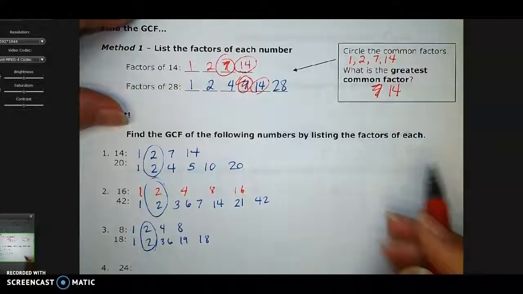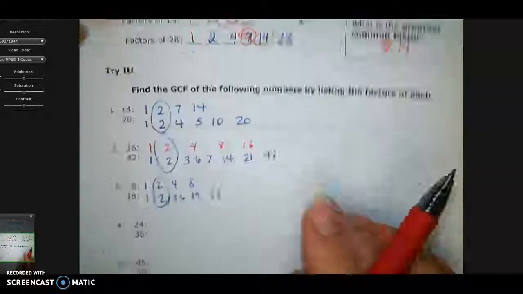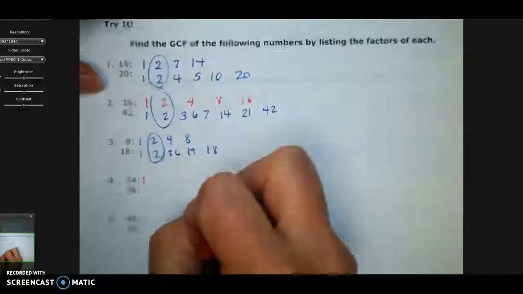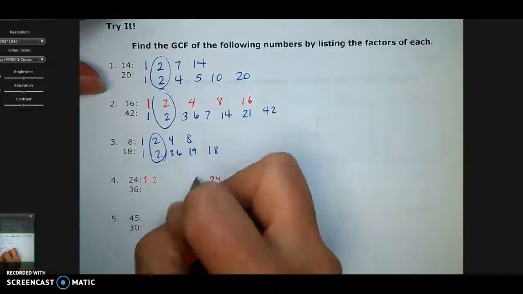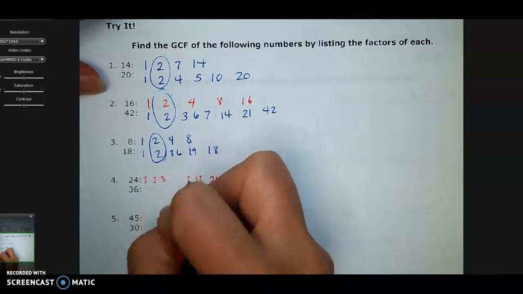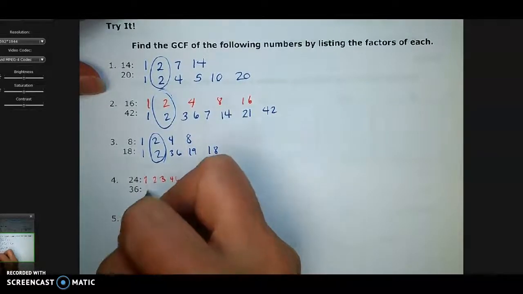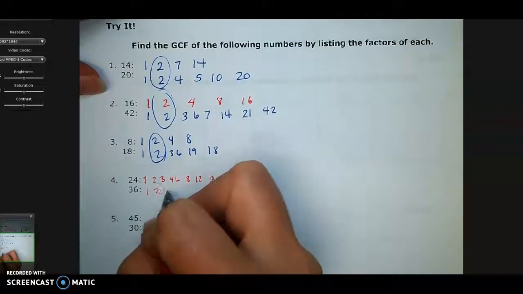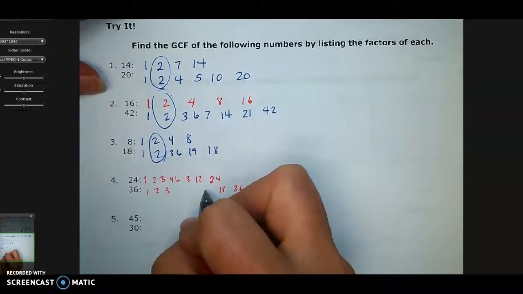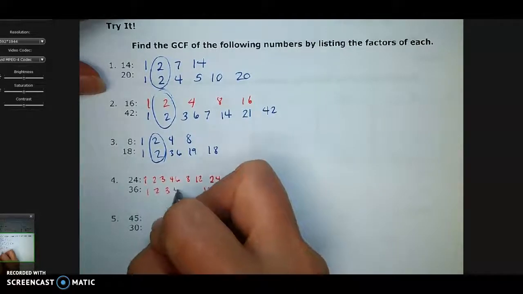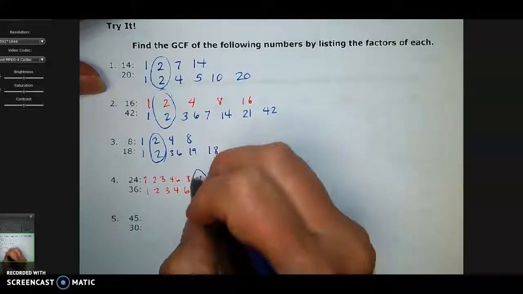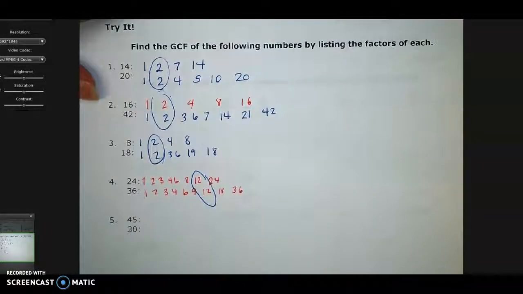Two is not always the greatest common factor, as you can tell from if there was 14. So this one right here, the biggest one they have in common is 12.